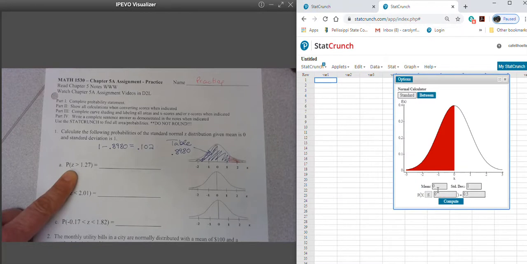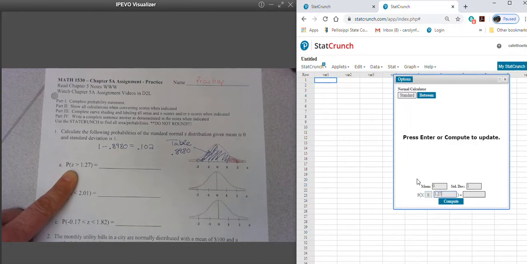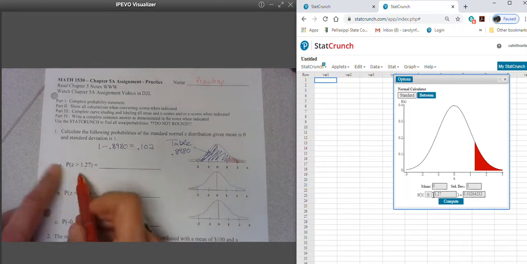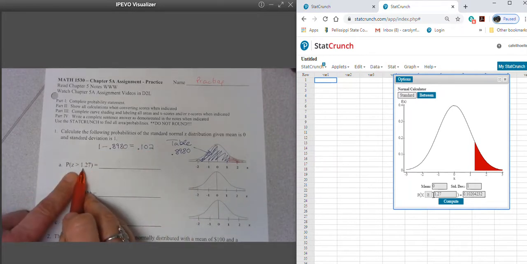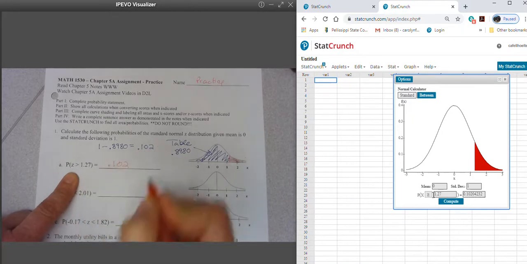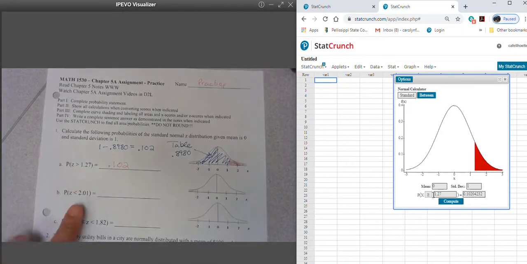Since it's standard normal, we leave the mean as 0 and the standard deviation as 1, and we simply enter the z-score. So greater than 1.27, and hitting Compute, we get 0.102, which is what we got doing it by hand. So the answer is the probability that a z-score would be greater than 1.27 is about 0.102. Let's look at the next one.